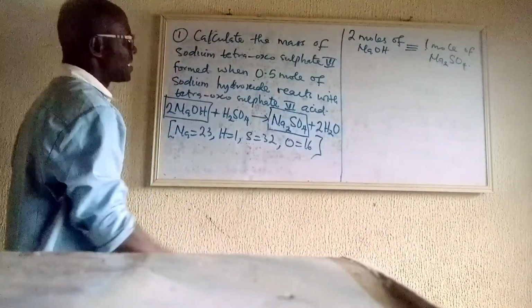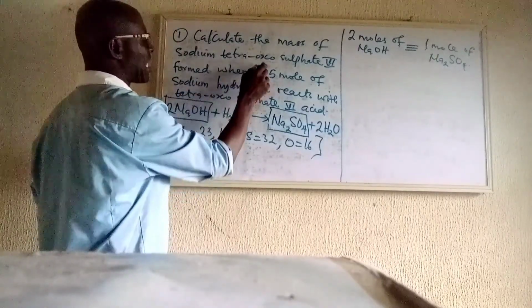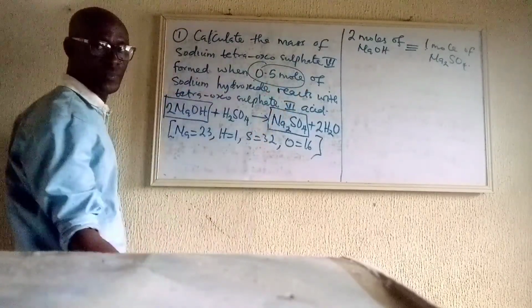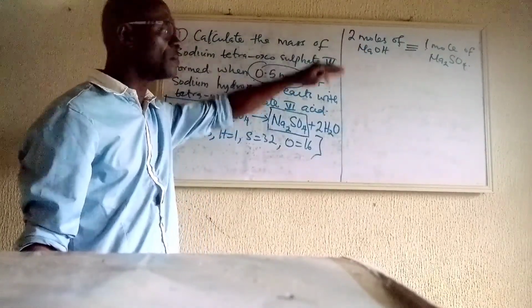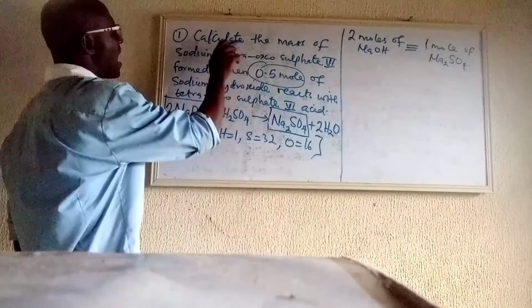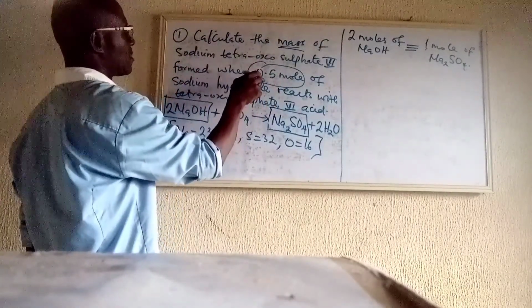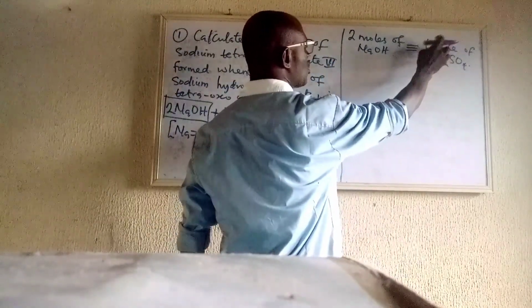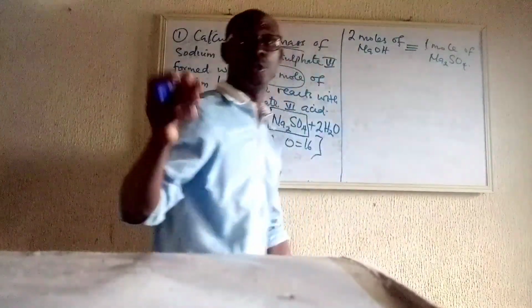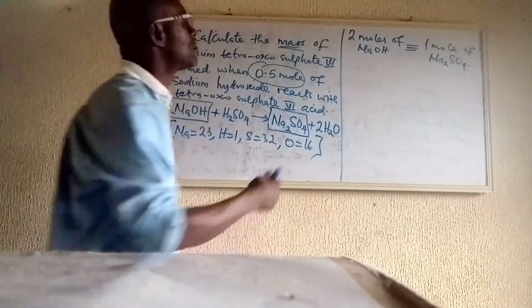Now, since the information given about sodium hydroxide is in form of mole, I will not bother to change this. I will leave it as mole. But the question asked me to find the mass of sodium sulfate, which is on this side. That means I need to convert this 1 mole of sodium sulfate to mass, that is the relative molecular mass.